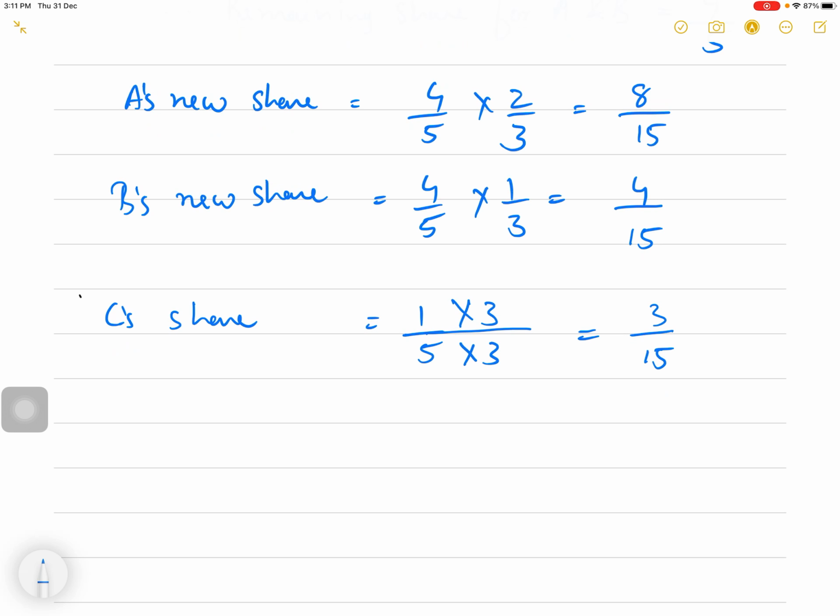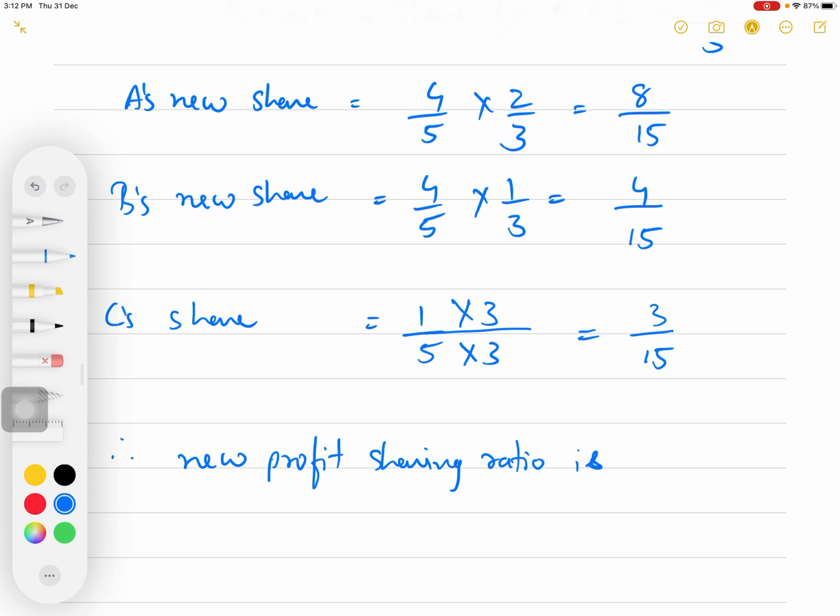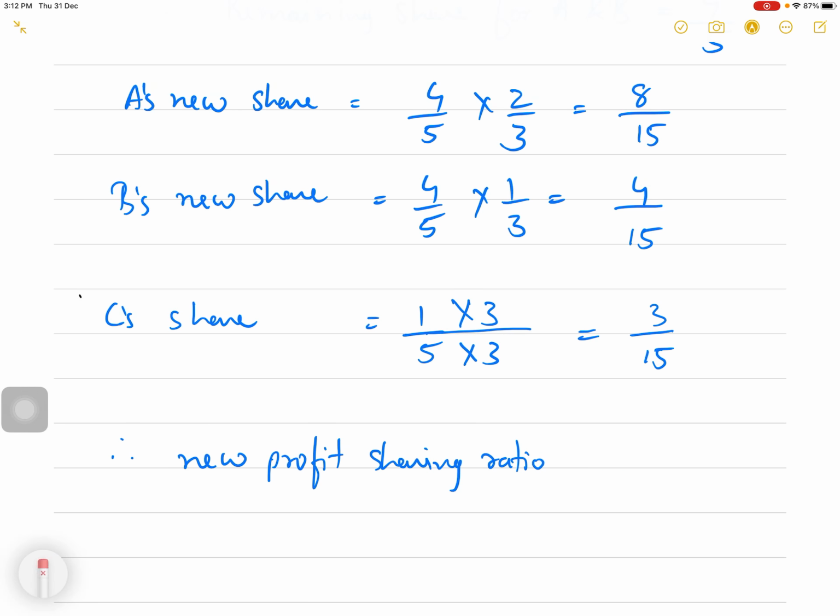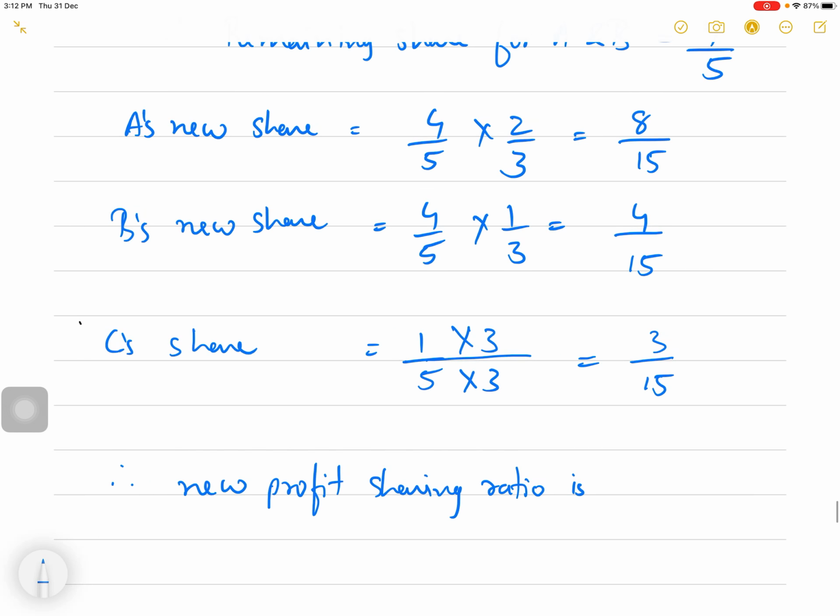So the new profit sharing ratio would be 8:4:3.